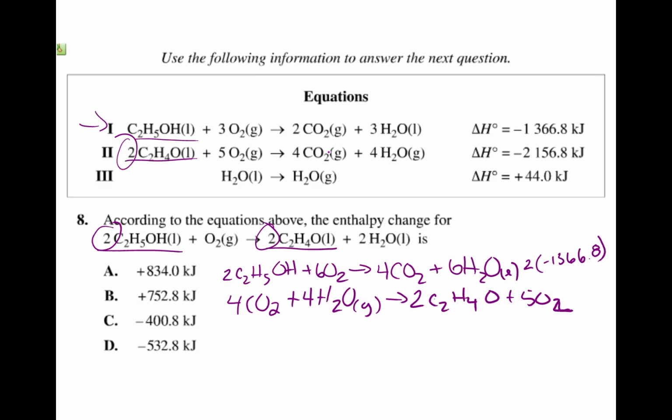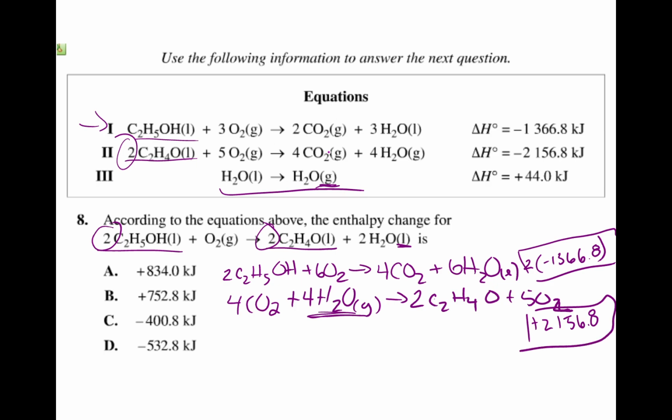Now, the last part that I would want to do is take a look at water. In my formula, I need water as a liquid, and I don't have any gases as my water. So what I want is this gas molecule to be canceled. And I also should add on my delta H here. So this is my first one. My delta H for this one, because I flipped it, is positive.